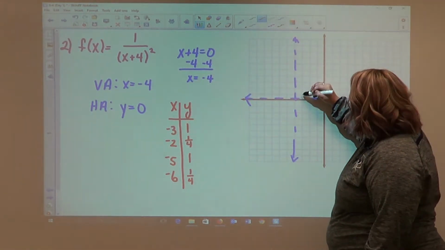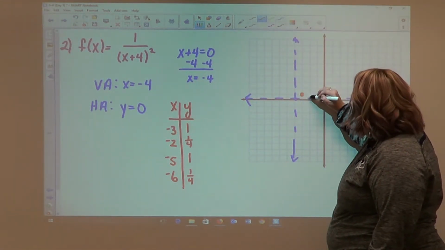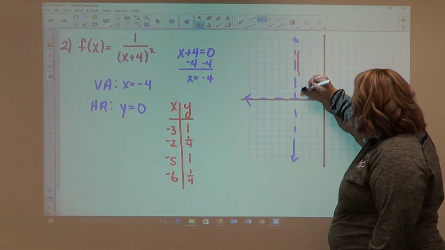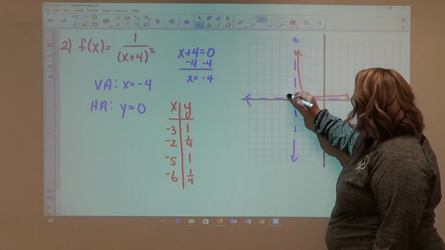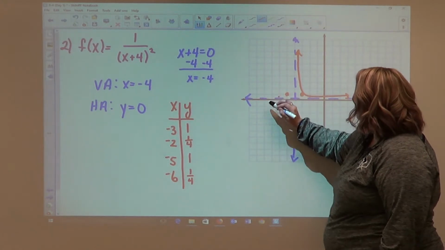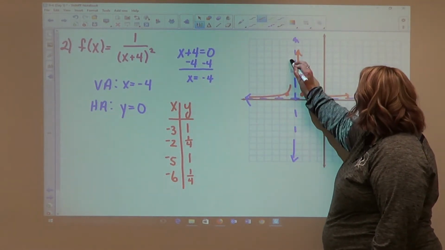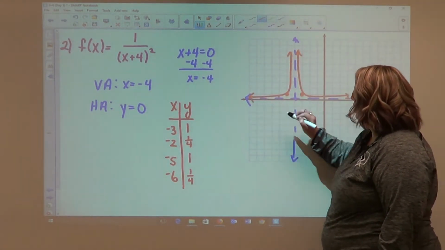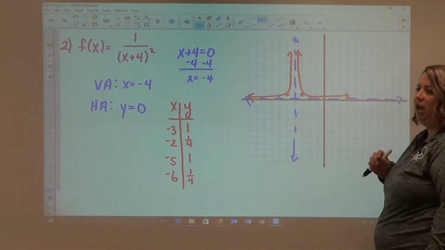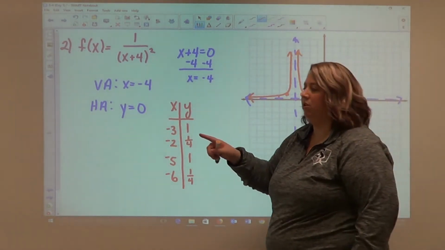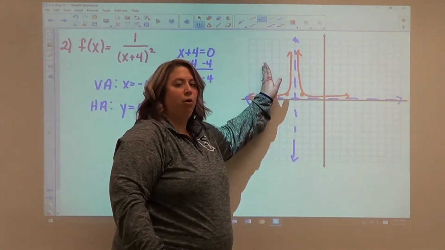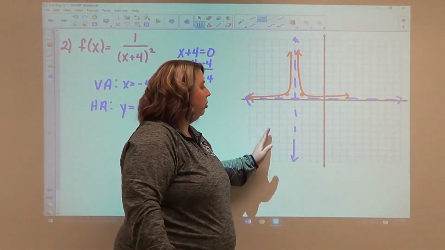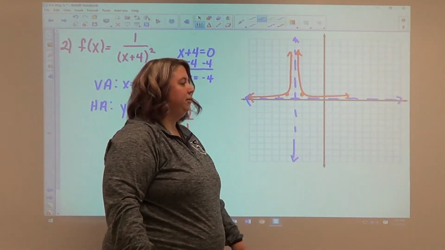So those are here. And then I have -5, 1, -6, 1/4. It'll look like that. Okay, if you have it squared on bottom, where these are the same thing, these will be right next to each other, either both on top or both on bottom.